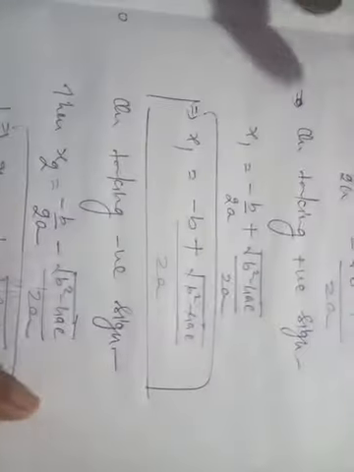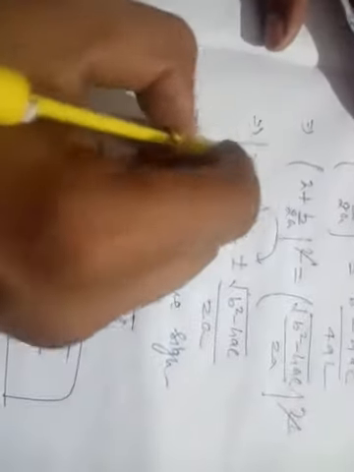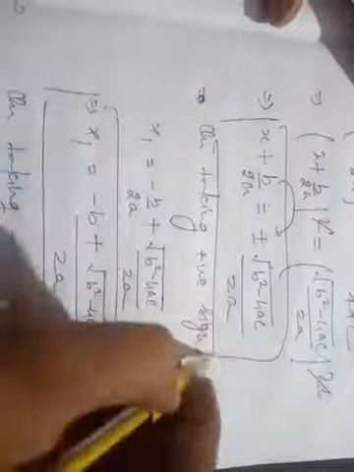just like here, if I use this thing directly, I can give you a special bit of information about this. So you have x plus b by 2a is equal to plus minus under root b square minus 4ac upon 2a.